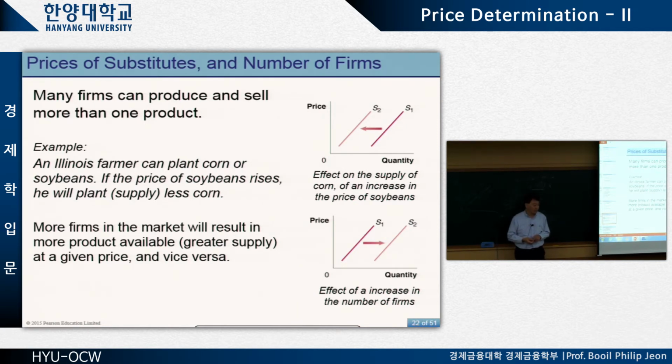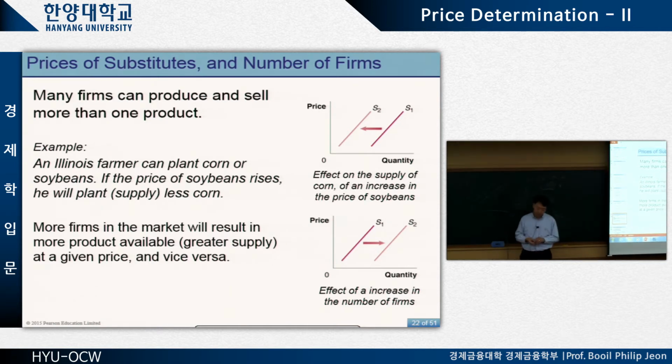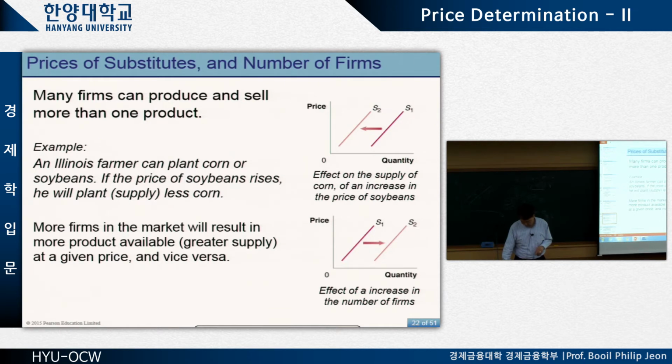So the supply of DVD players in the market shifted to the right, and as a result, the price came down so much. It was an example of the number of producers, the number of firms in the market.